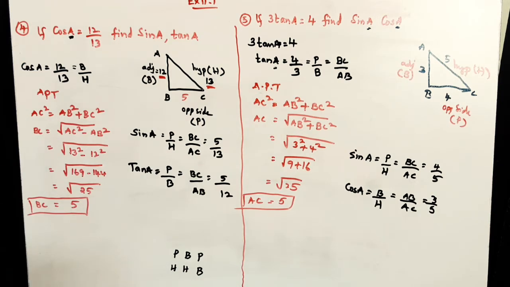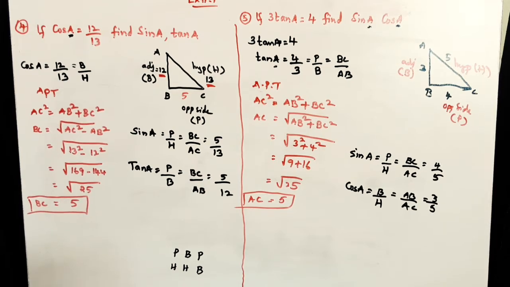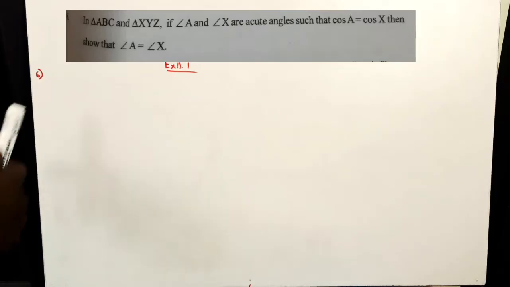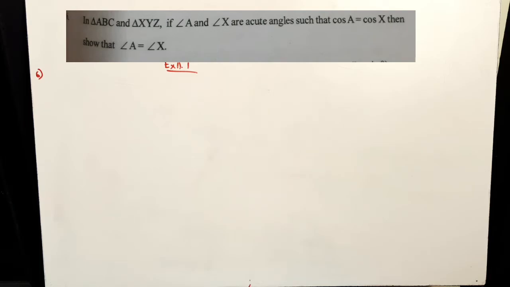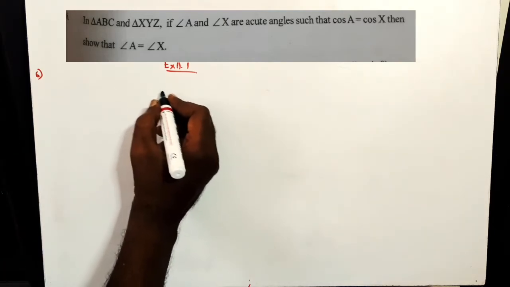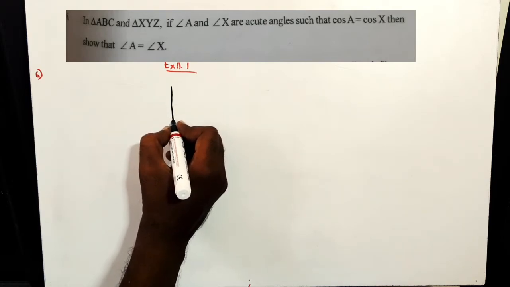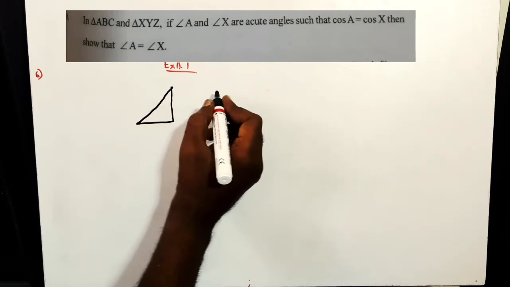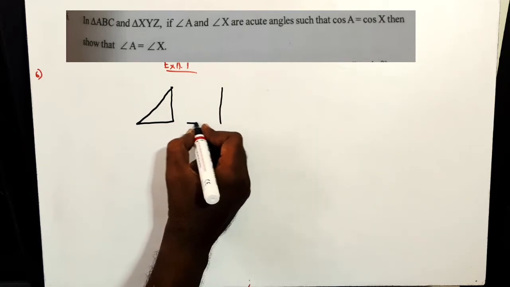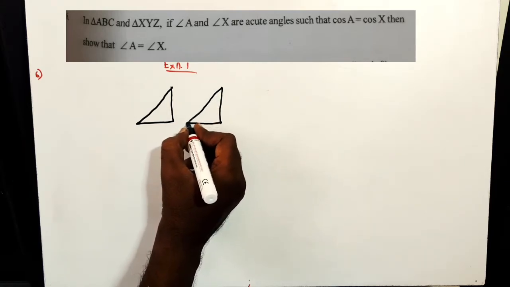Okay children, now let us move on to the next problem, the sixth problem. So once again I am going to read the question here. In triangle ABC and triangle XYZ, if angle A and angle X are acute angles such that cos A is equal to cos X, then show that angle A is equal to angle X. So here there are two triangles, ABC and XYZ.